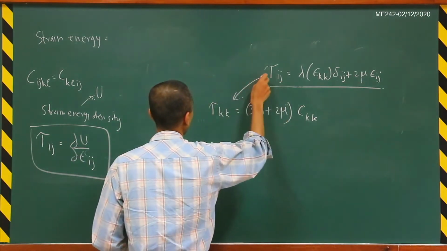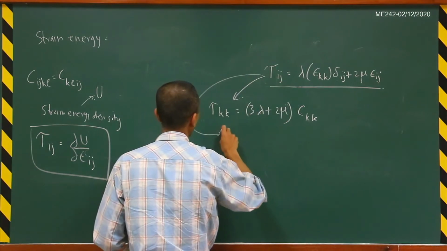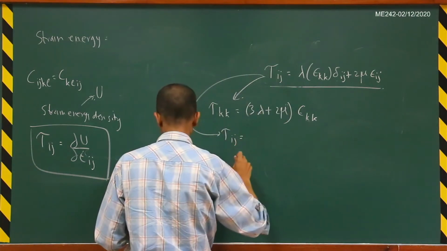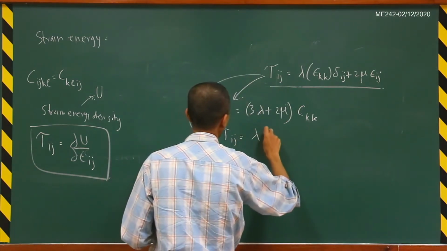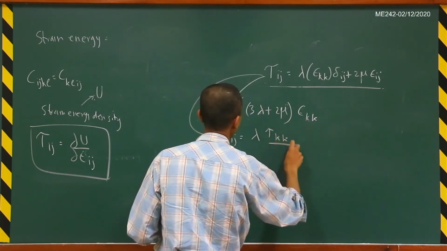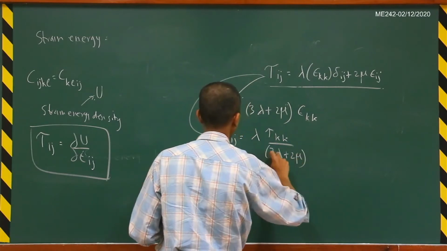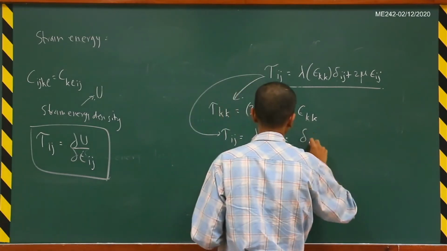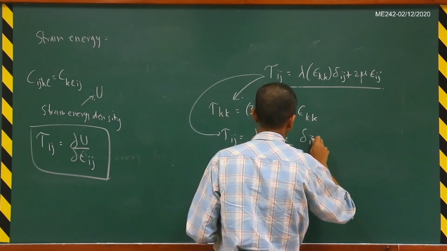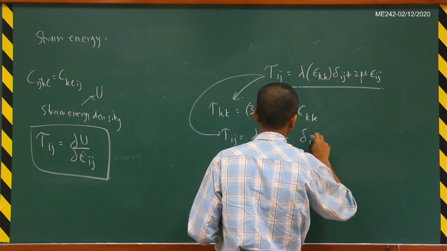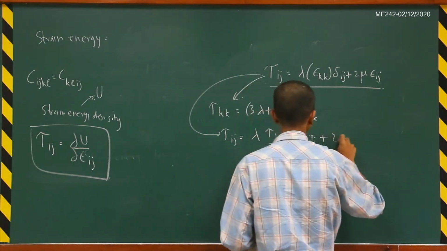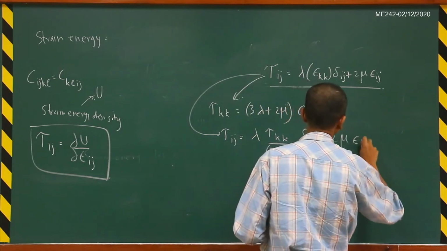So from this particular relation, what you will get is that tau ij is equal to lambda times tau kk divided by 3 lambda plus 2 mu times delta ij plus 2 mu times epsilon ij.